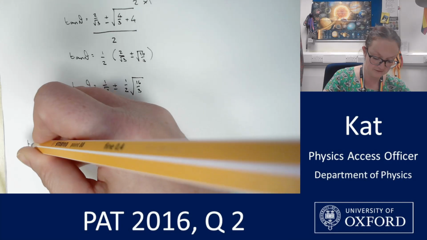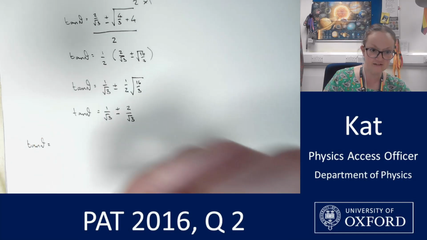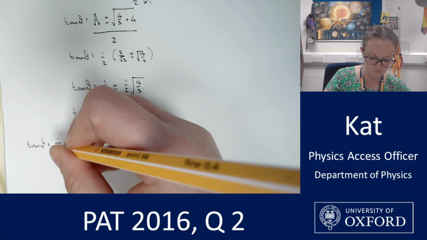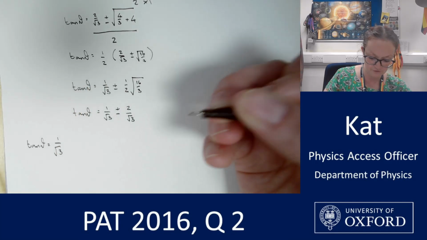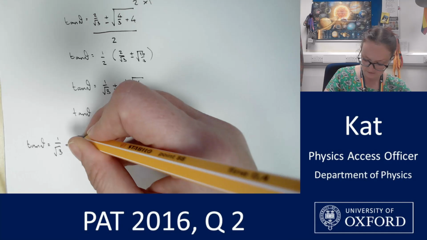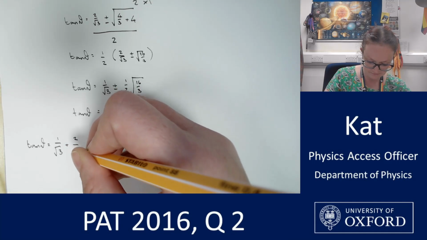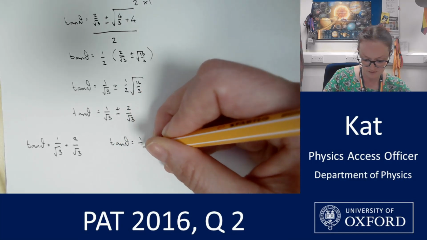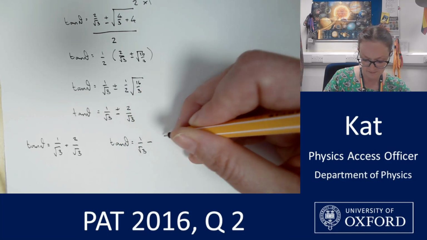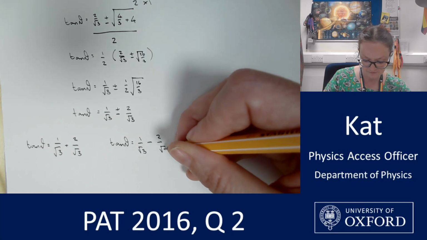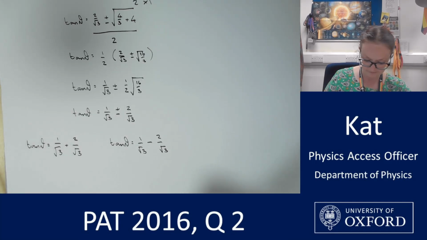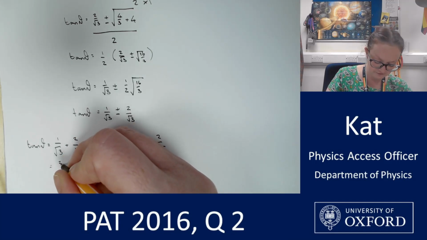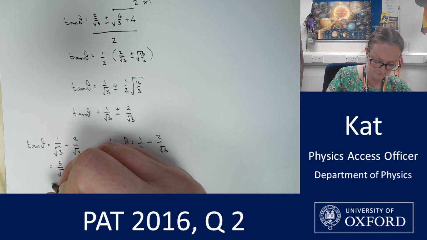I'm going to take my space. I'm going to say tan theta is either equal to 1 over root 3 plus 2 over root 3, or tan theta is equal to 1 over root 3 minus 2 over root 3. So this solution is 3 over root 3.